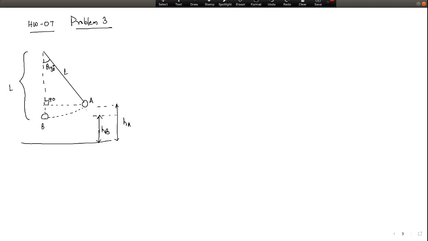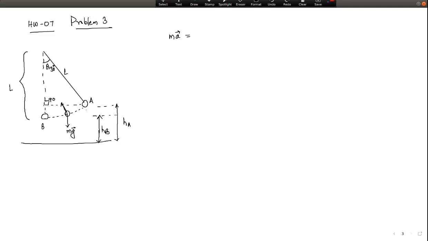Let's begin by analyzing the problem. What are the forces acting on the mass M as it is swinging? Let me draw the mass M here. That is mg acting downwards. And as it is swinging, there is a force of tension acting along the string towards the center of the circle.